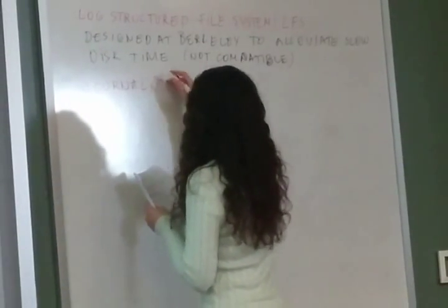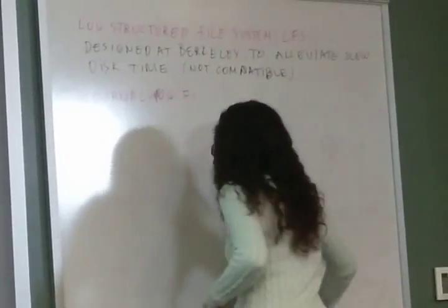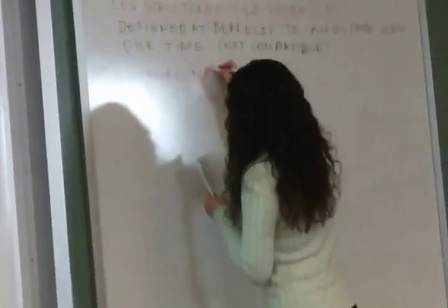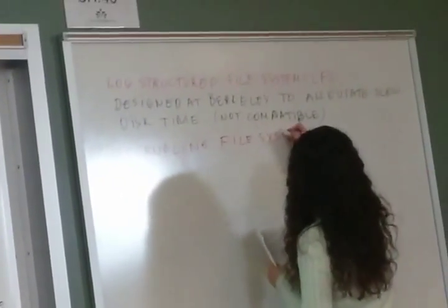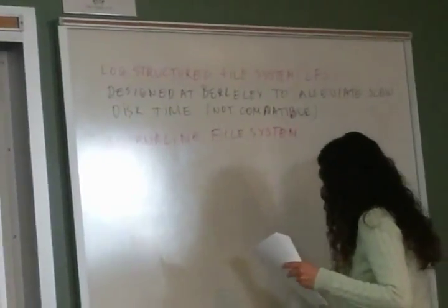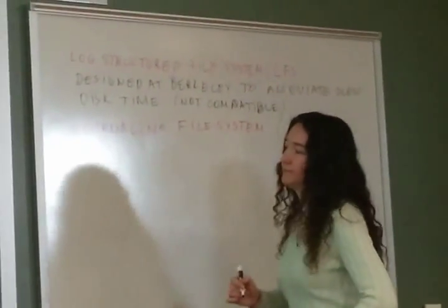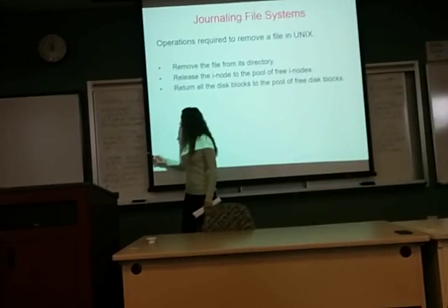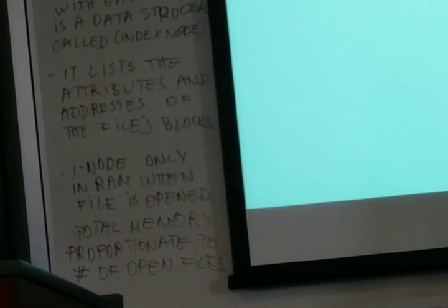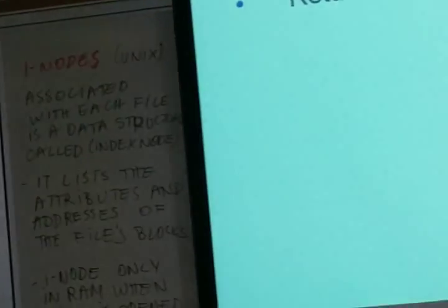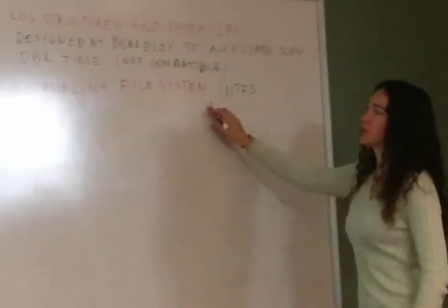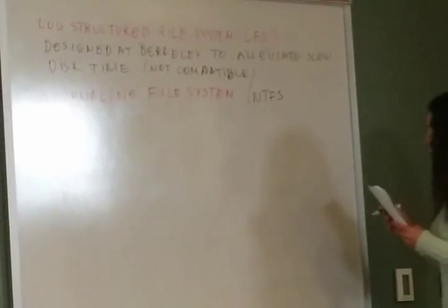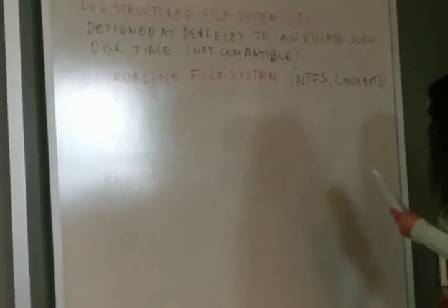Journaling file system. This is used by, so we had file allocation table 16, we had file allocation table 32 for Microsoft, and then we said Microsoft moved to the new technology file system, NTFS, which is a journaling file system, and also Linux ext3 used that.